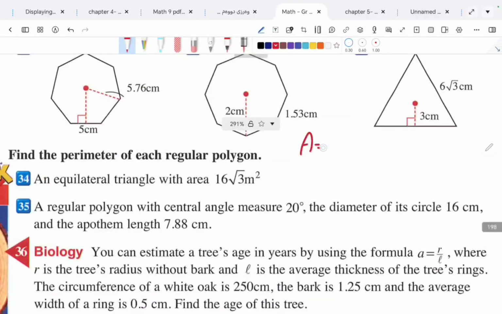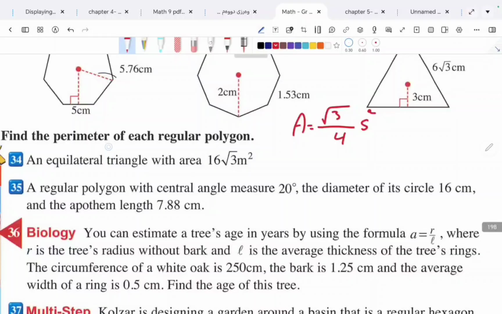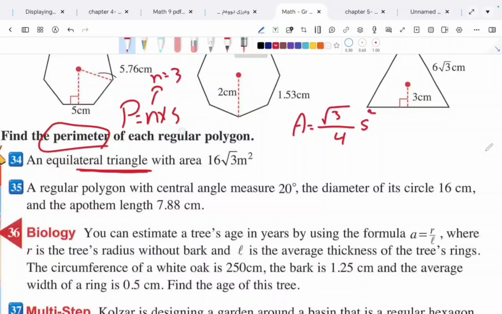Area equals the square root of 3 out of 4 times s power 2. They say an equilateral triangle with area 16 square root of 3. Find the perimeter. The rule of P is n times s. And it's an equilateral triangle, so n equals 3. But we don't know s. By using the area of the equilateral triangle, we're going to find s.